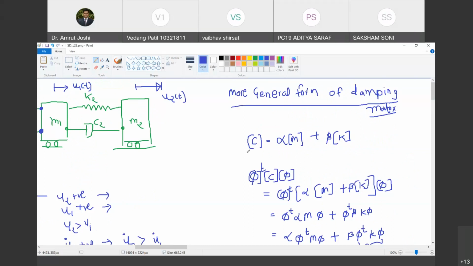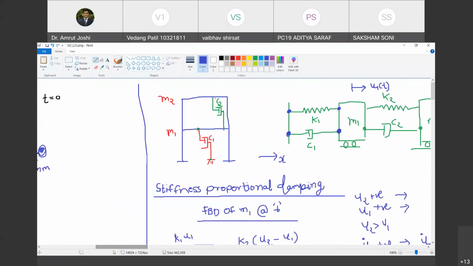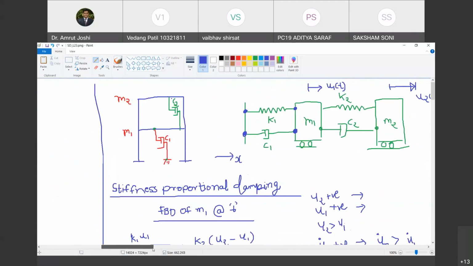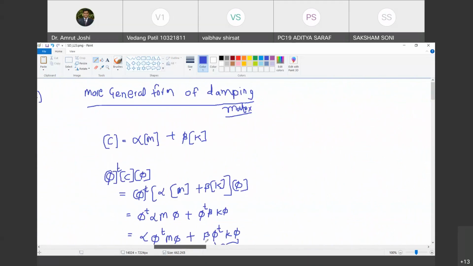This is called mass and stiffness proportional damping. First only mass proportional damping, second stiffness proportional damping, third mass and stiffness proportional damping, where you will have C1 and C2 as well as C3 and C4. So all four will be there. These are called proportional damping.